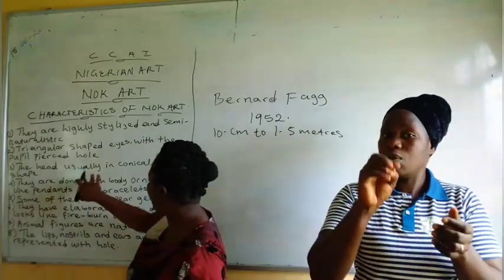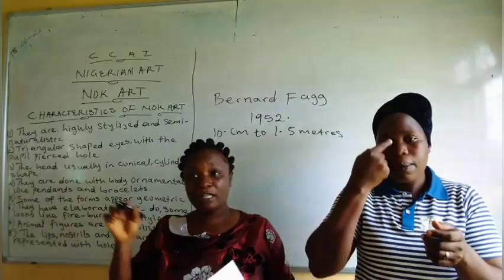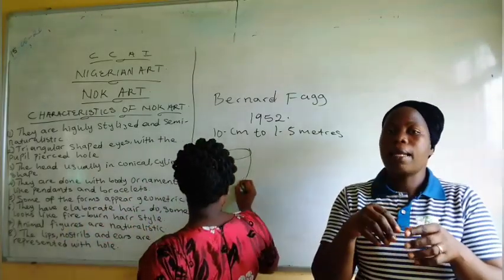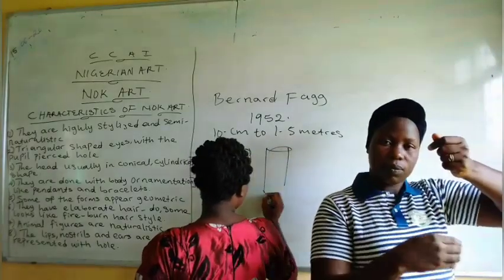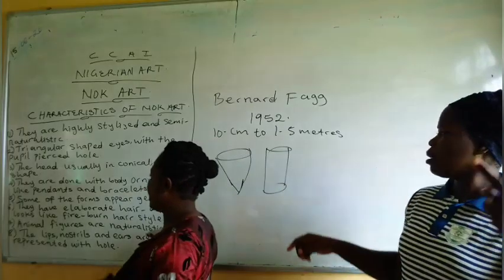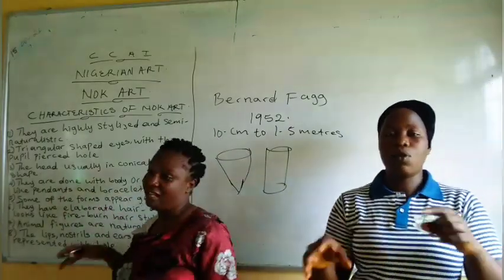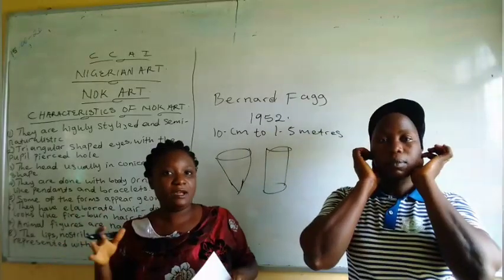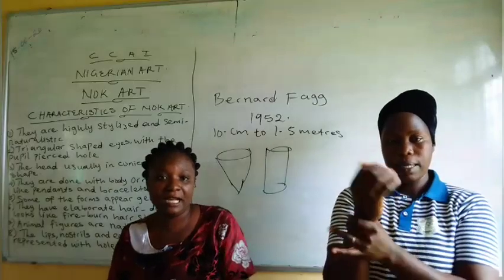Then three, the head usually in conical shape, cylindrical shape. You know the shape of a cone. That is the shape of the head. Then they are done with body ornamentation, like pendants and bracelets. They wear beads on their neck, on the anklet, and on the bracelet.